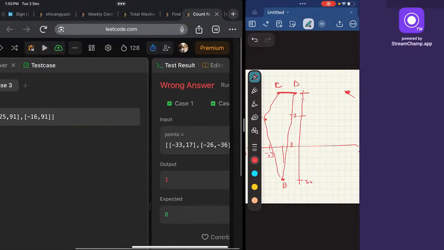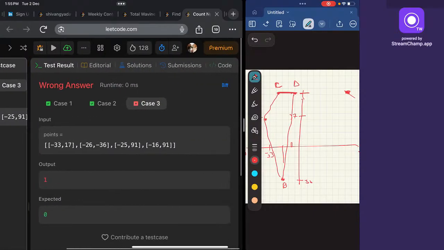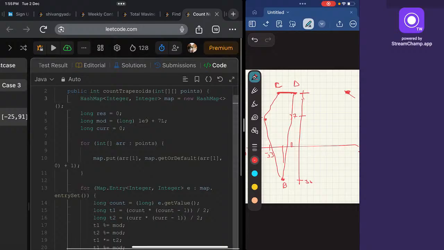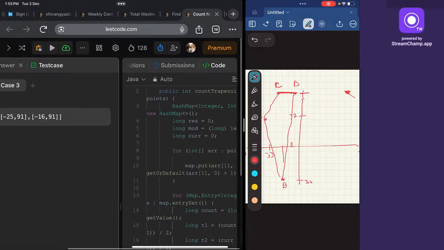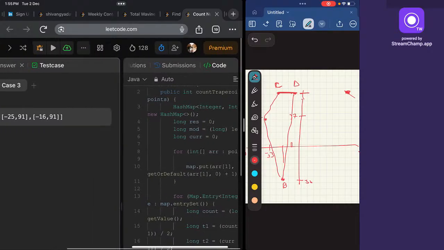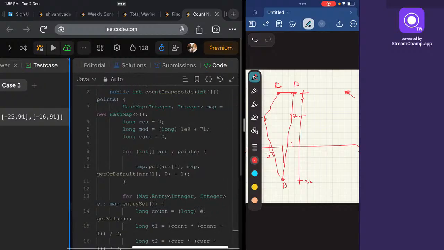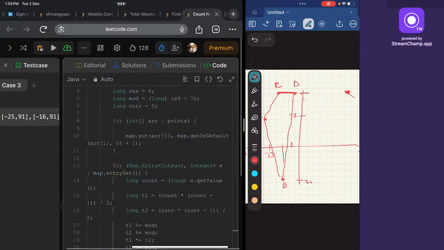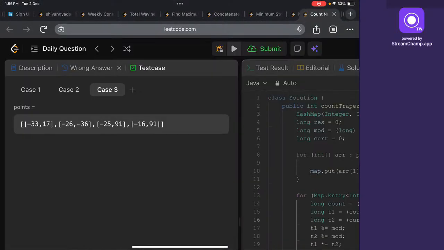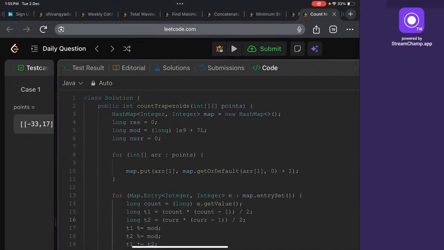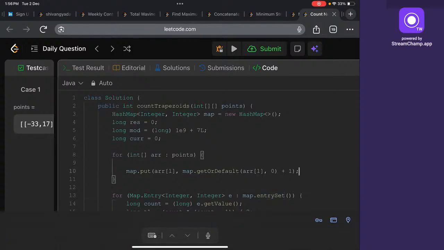Other points may or may not be. Code, what did we do wrong here? Let's print the values. Okay.